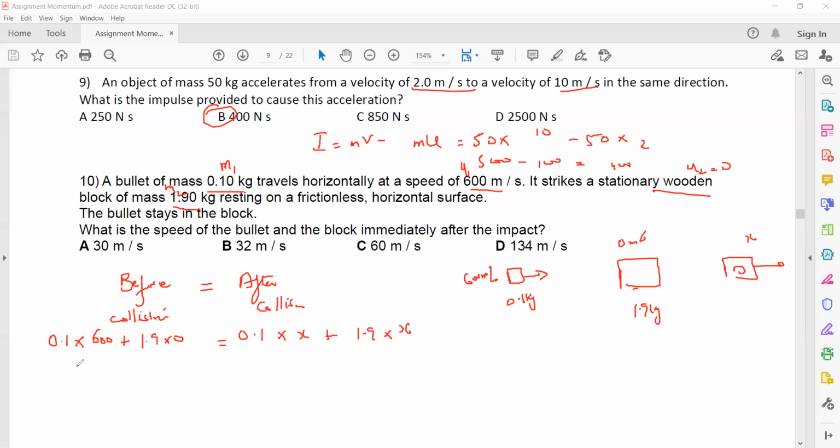So 0.1 times 600 is 60, and 0.1x plus 1.9x is equal to 2x. So 60 is equal to 2x. So x will be equal to 60 divided by 2, that's equal to 30 meter per second. So A should be the right answer for question 10. Is it clear? Discussion.